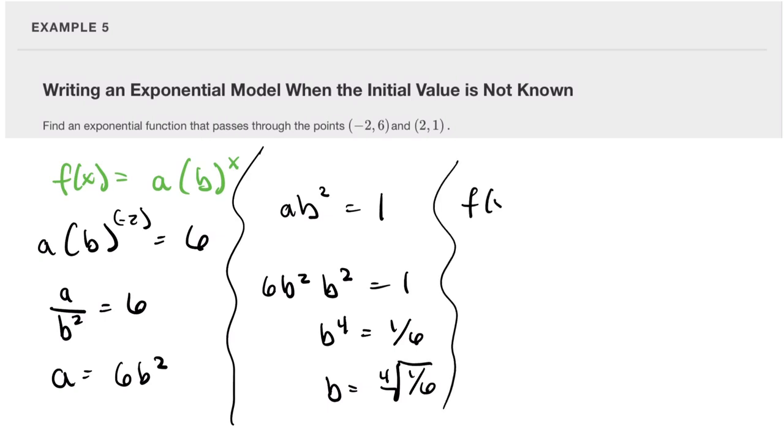So then our function takes on the form. We need to go back and solve for a. So that's to the power of a half. So then a takes on the form 6 times 1 over 6 to the power of a half. Okay, let me keep working on the side over here.